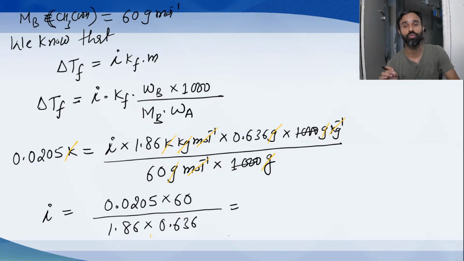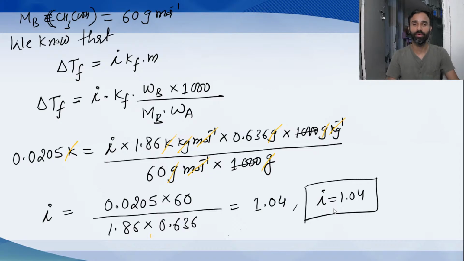So it is roughly 1.04. The value comes out to be around 1.04. Okay, so just write it as 1.04. That is I.